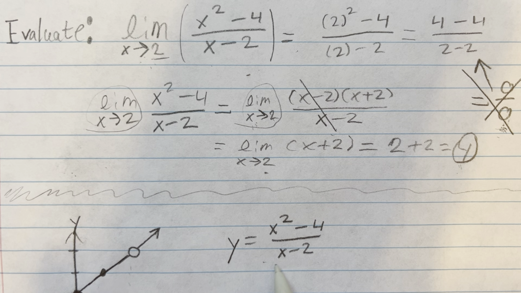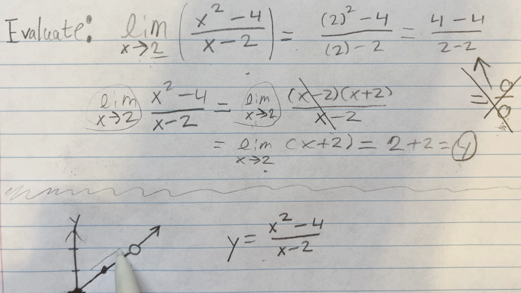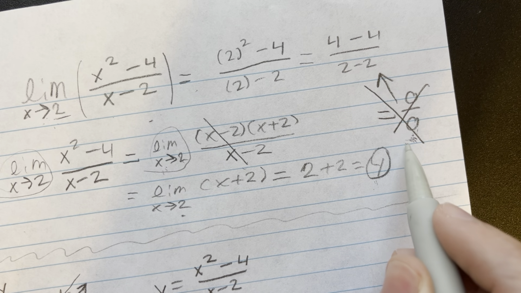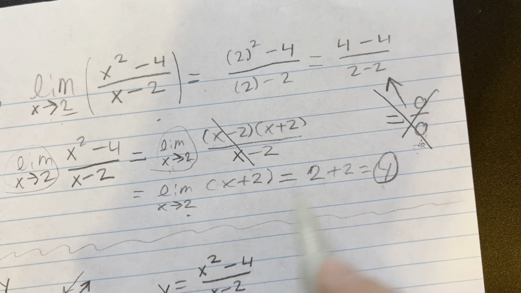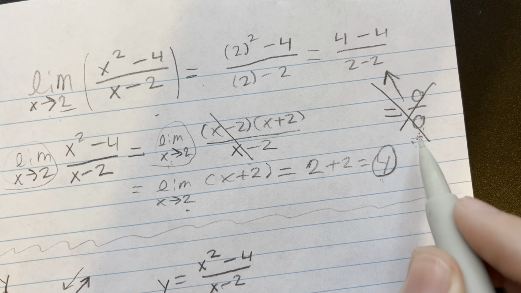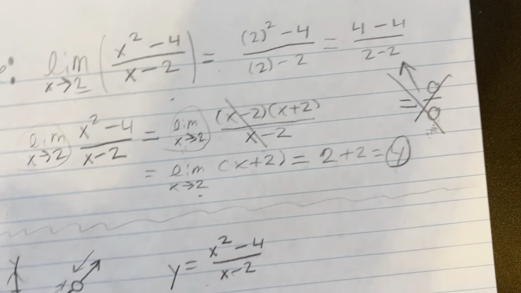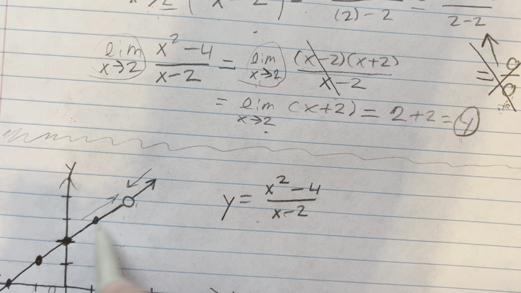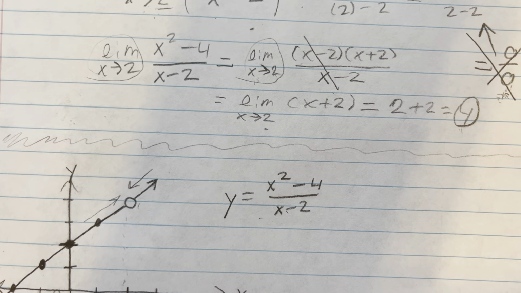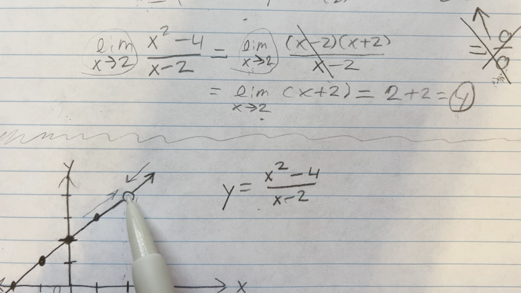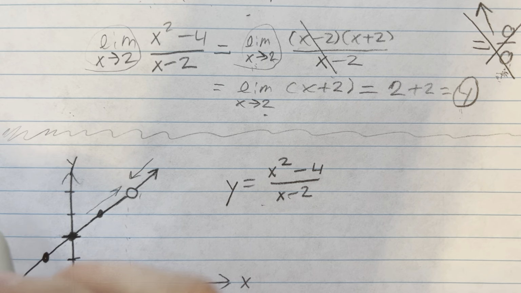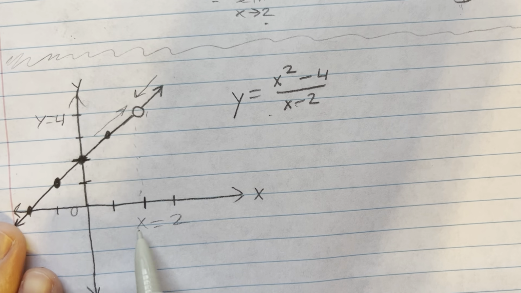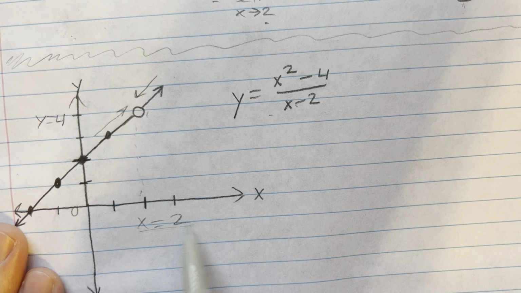As we approach 2 from the left and right side, we figure out that this value outputs an indeterminate form as an answer, right? So there's a hole here. The function does not exist at this spot. It exists everywhere else, right? So we can clearly see that this function approaches y equals 4 as we approach x equals 2, right?